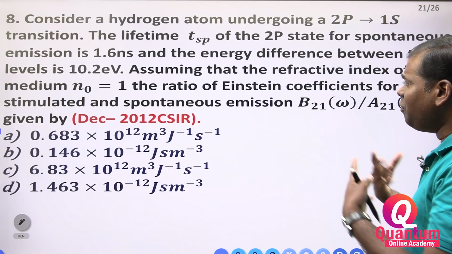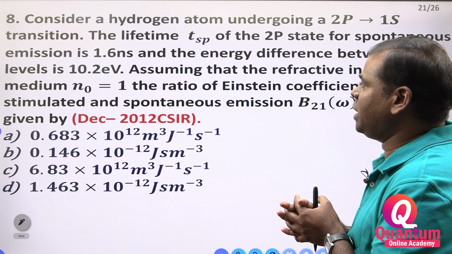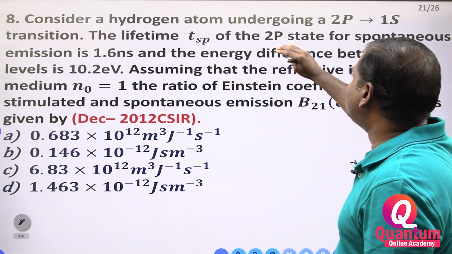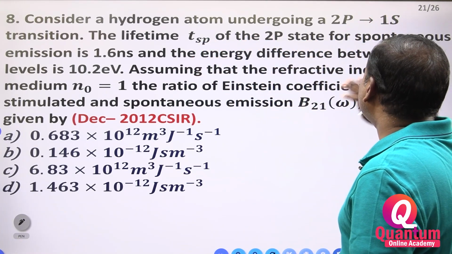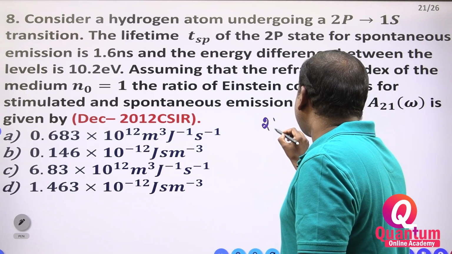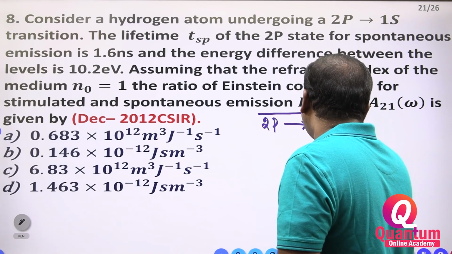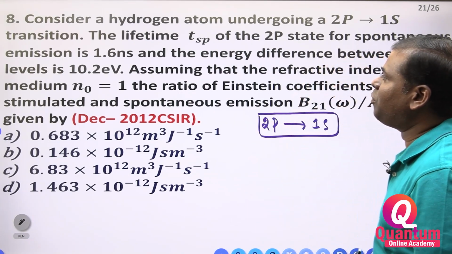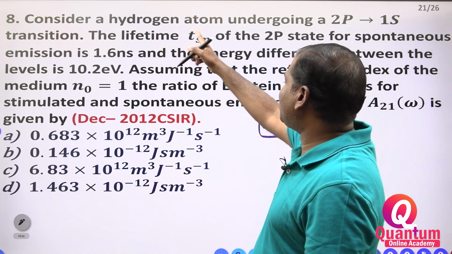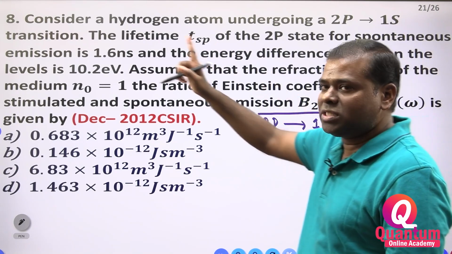Now we will go to the next section. Consider a hydrogen atom undergoing a 2p to 1s state transition.